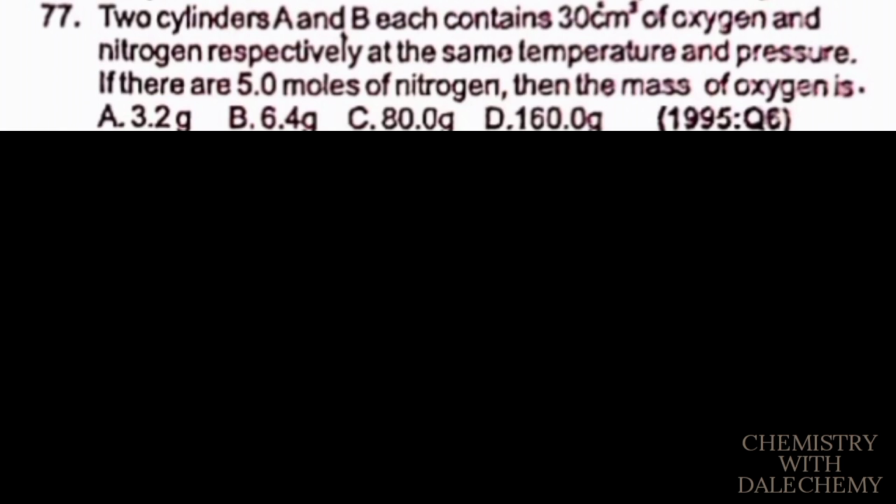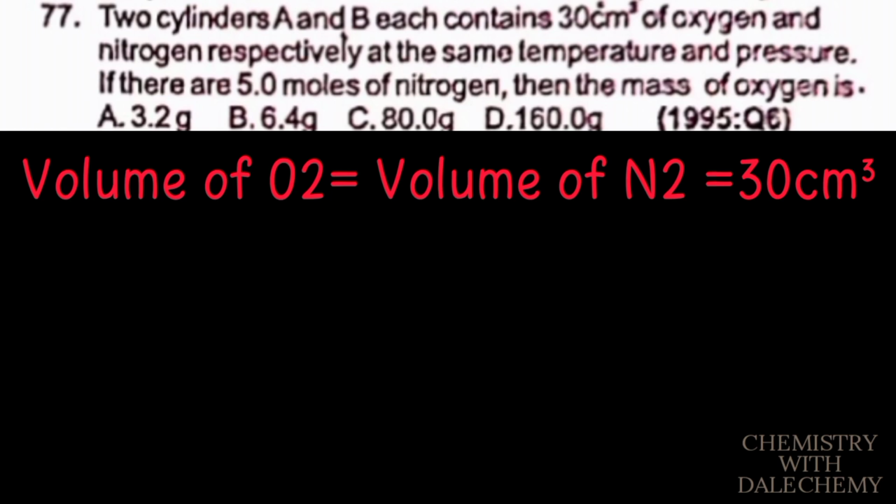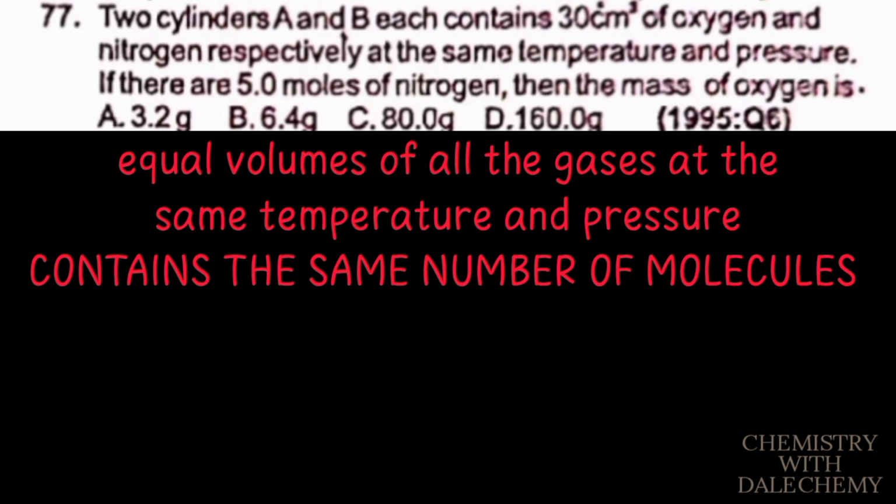The two cylinders are of the same volume, which is 30 cm cube. They have the same volume, which means the volume of oxygen in the first cylinder is equal to the volume of nitrogen in the second cylinder. Now Avogadro's law states that equal volumes of all gases at the same temperature and pressure contain the same number of molecules.